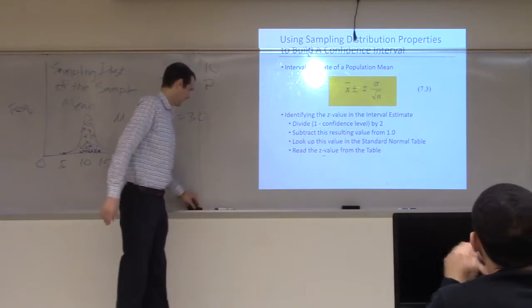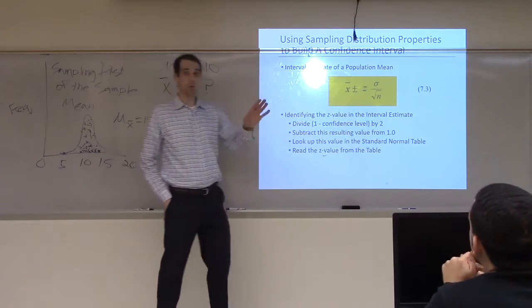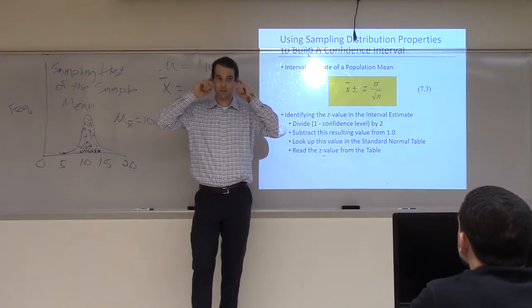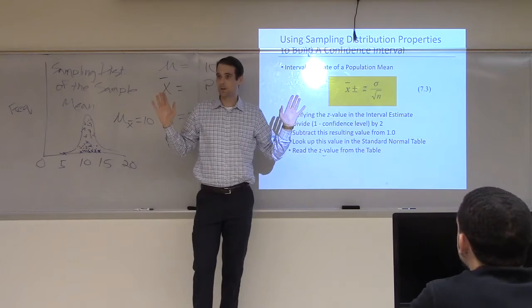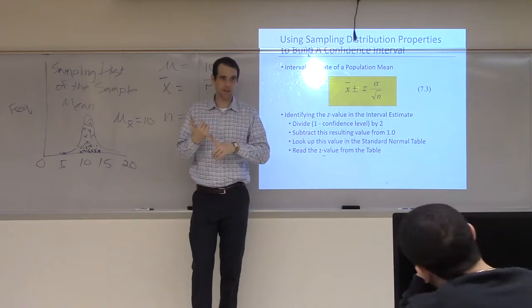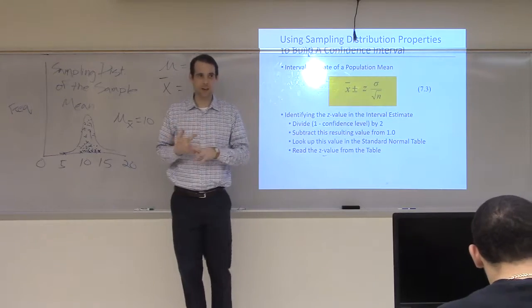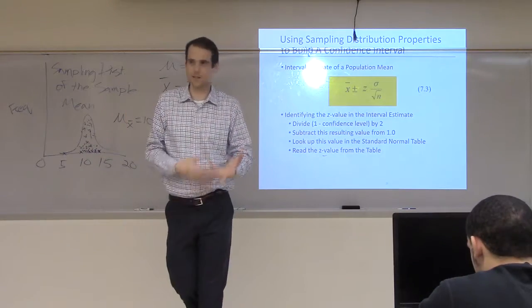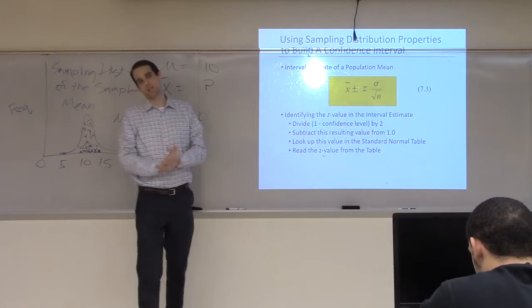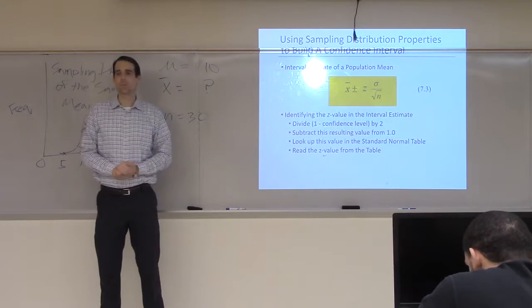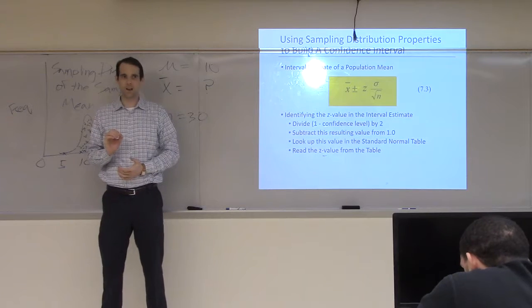In our example, we did 95.5% confident. But it could be any number. We could say we want to be 80% confident, 90%, 95%, 99.7%. We could say whatever we want. So let's say, for example, we want to be 95% confident.